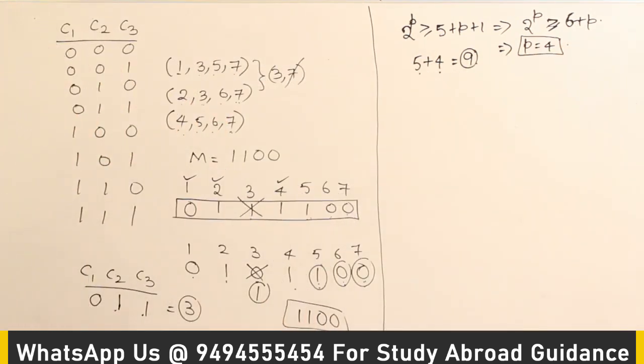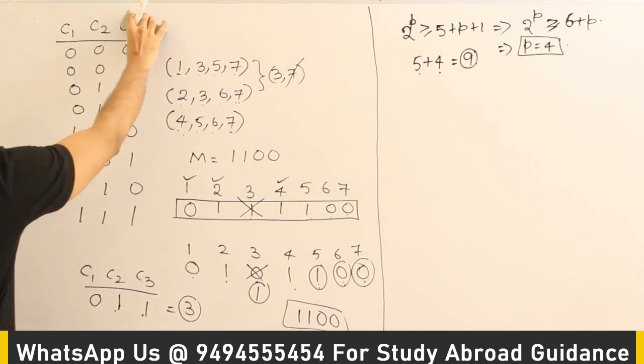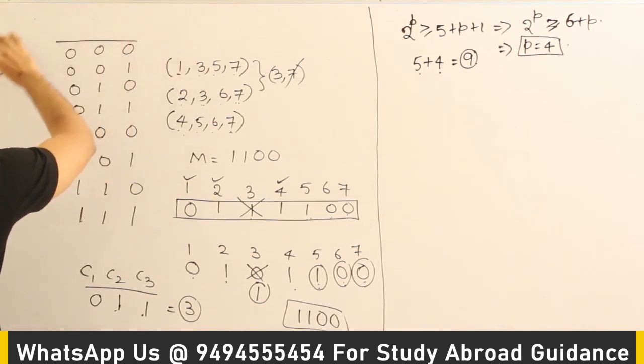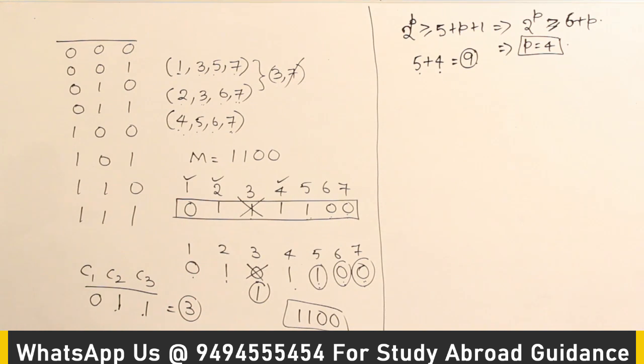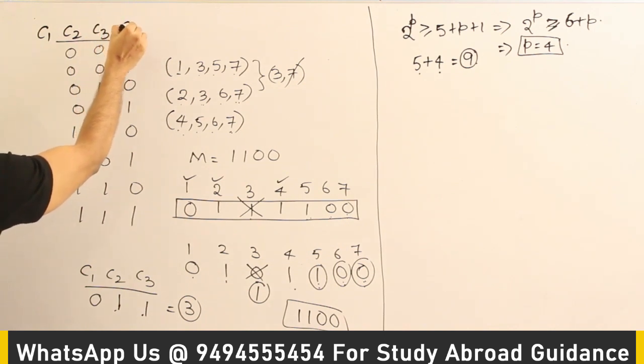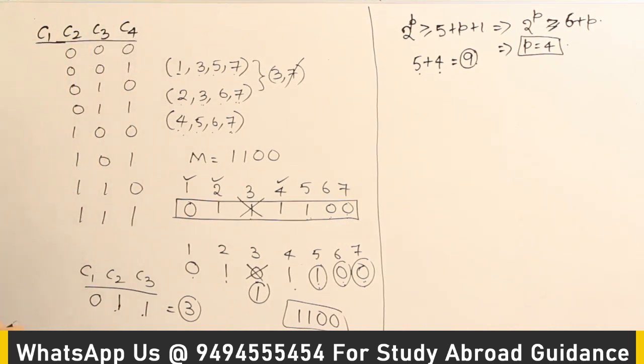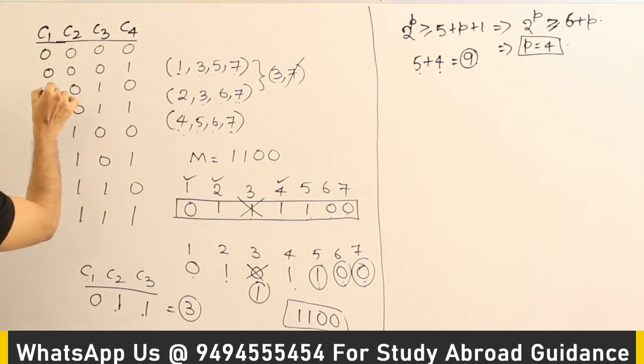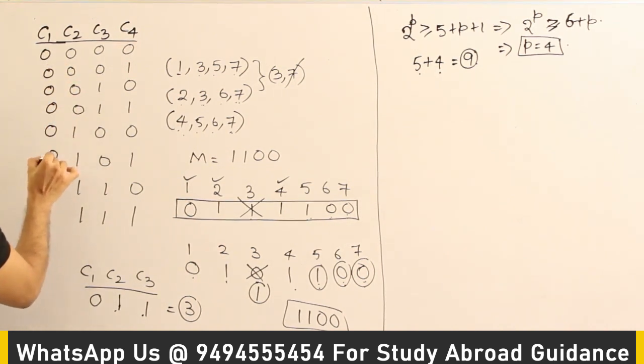See, now instead of C1, C2, C3 like this, 3 bits are not enough because we have to handle 10 cases, right? So I am going to have 4 correction bits, C1, C2, C3, C4, and 4 parity bits. So I have to extend it. What does it mean?